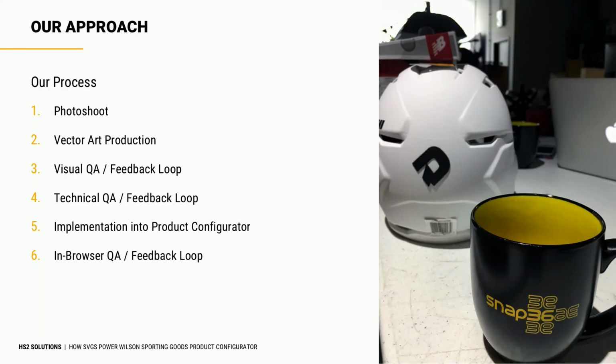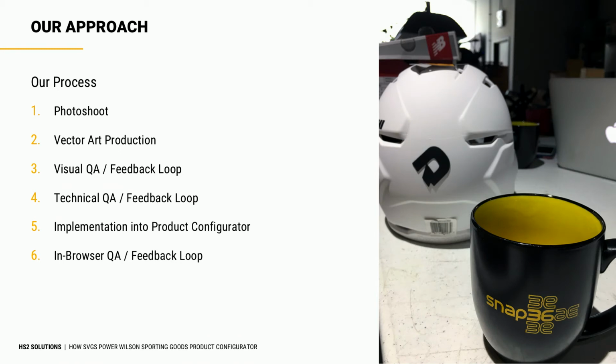final product view. So just really quick to recap the approach. First and foremost was that photo shoot, getting organized, finding all the products that you have. The next part was that vector art production and those iterations to make sure you're getting a great representation of that product.